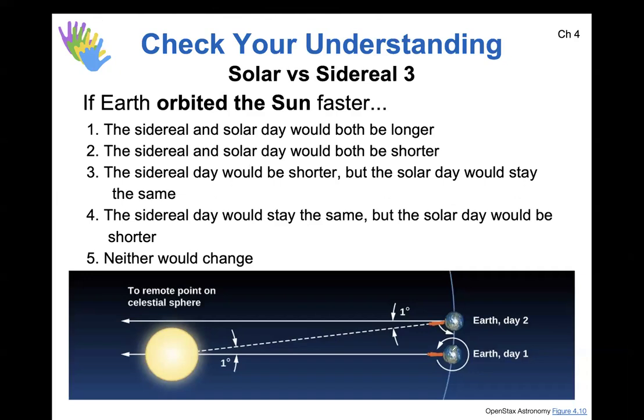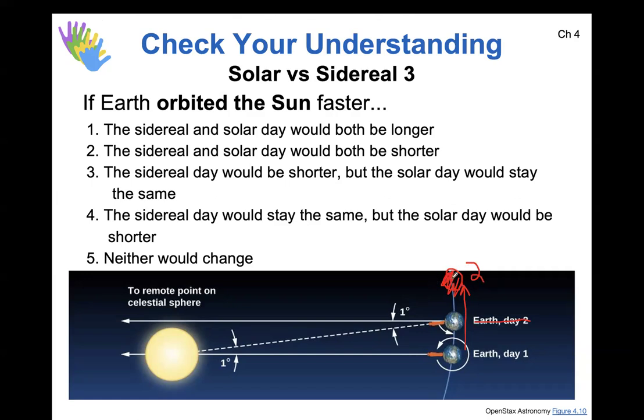But so if day one is way over here, because the Earth is orbiting faster, now the Earth is over here. And so now day two isn't here, but instead it's here because of that faster orbit around the sun.